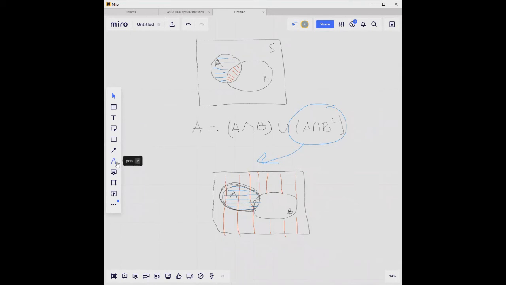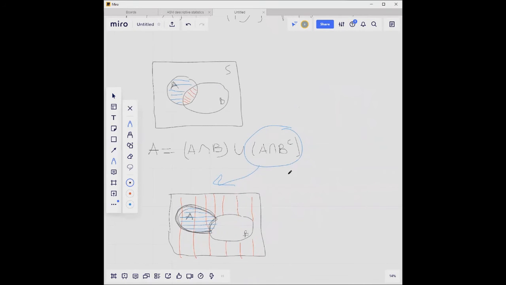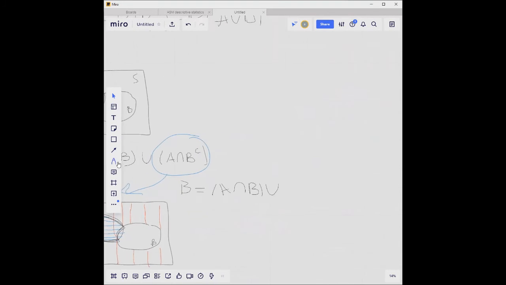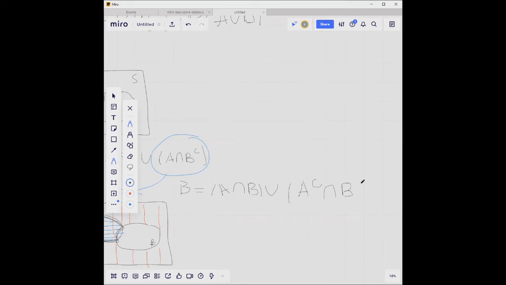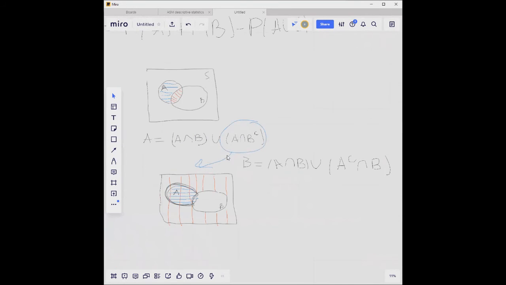We can do the same for B. So B can be defined as the union of A intersection with B with A complement intersection with B. All right, so this is very similar to event A. Now if we take a look at those two regions, we can see that these two events are mutually exclusive.